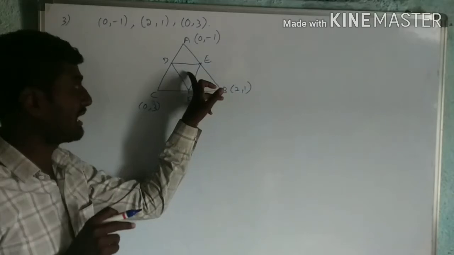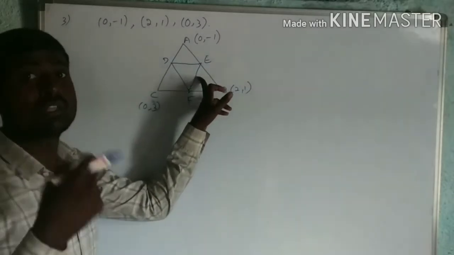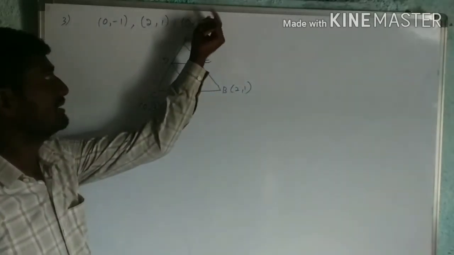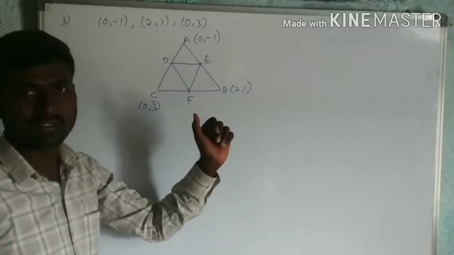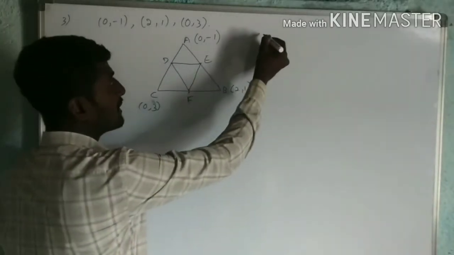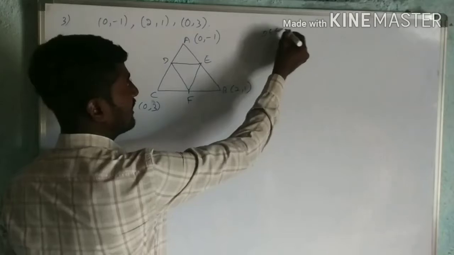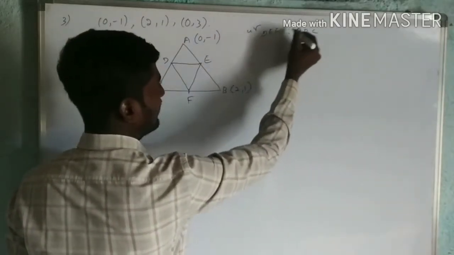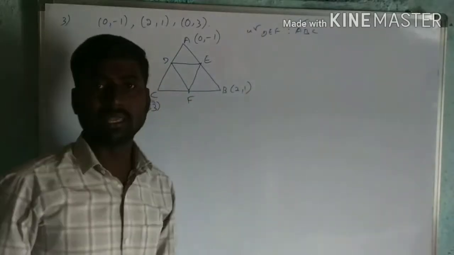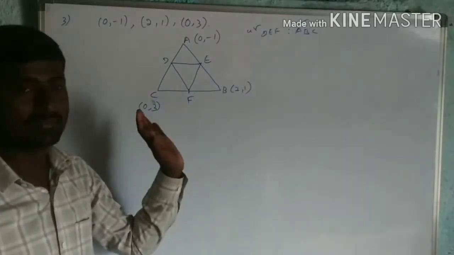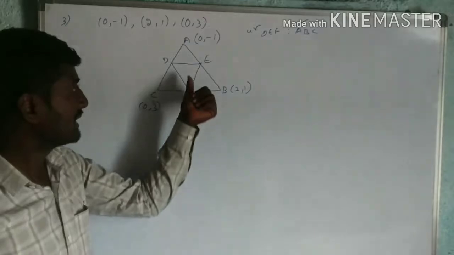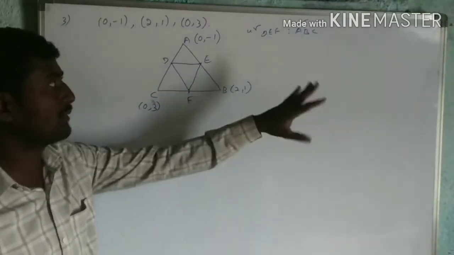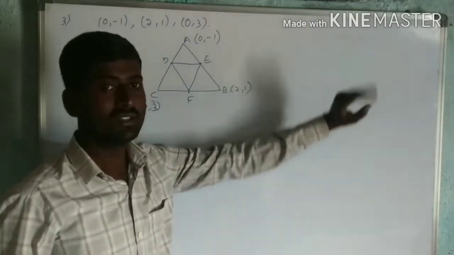Given triangle is ABC. So you have to find the ratio of the area of DEF to the area of ABC. Let us find first the area of the triangle DEF. Then after we can think about the ratio.